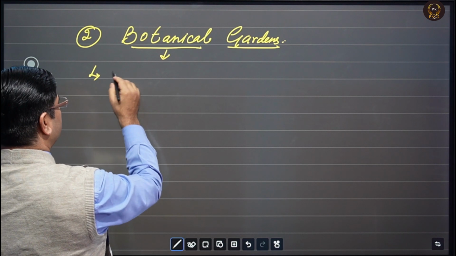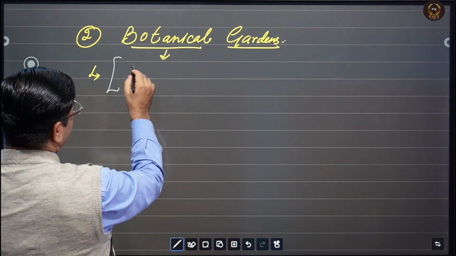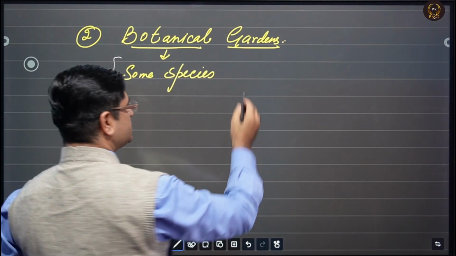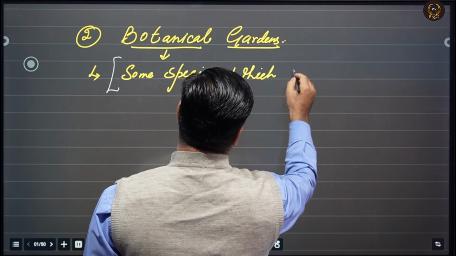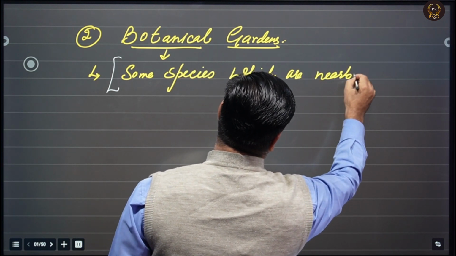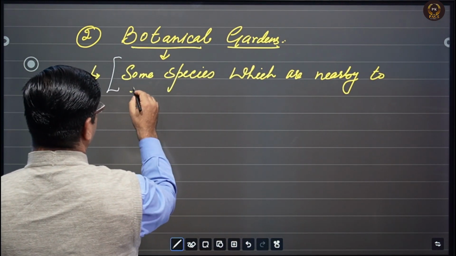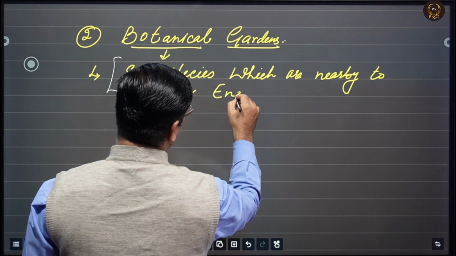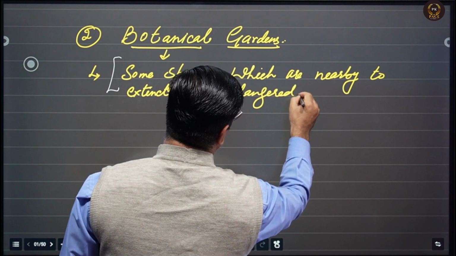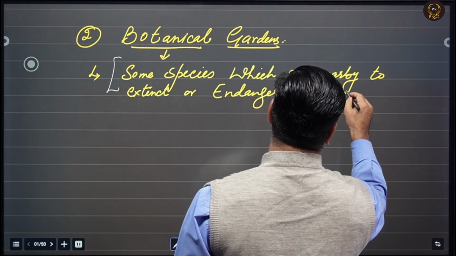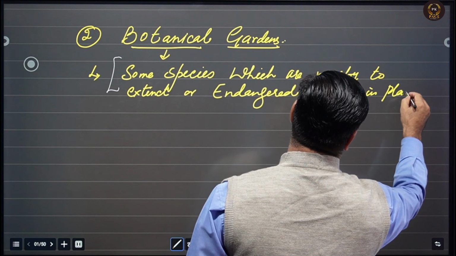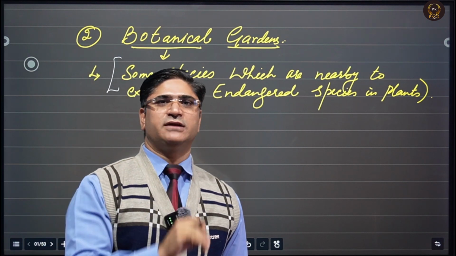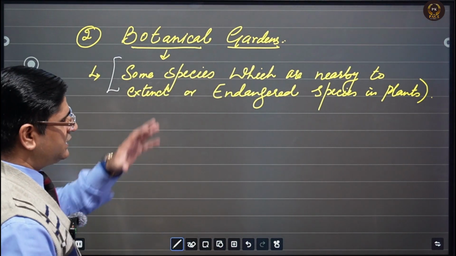Botanical gardens are developed only because there are some species which are nearly extinct or endangered species of plants. There are some species which are very near to being endangered or going to be extinct.